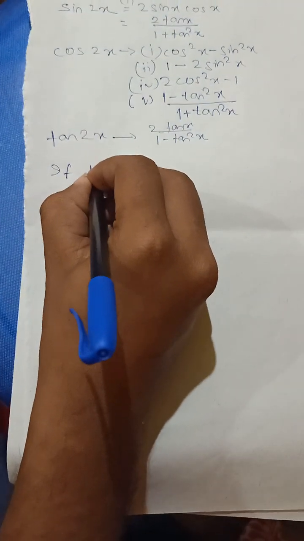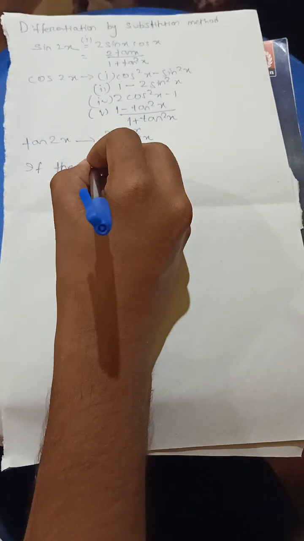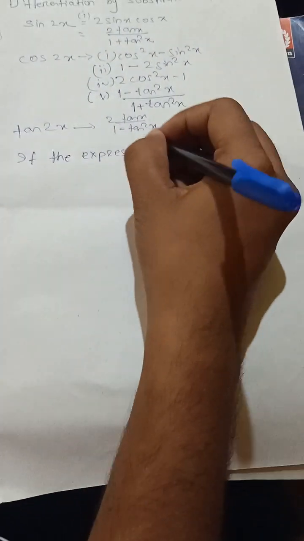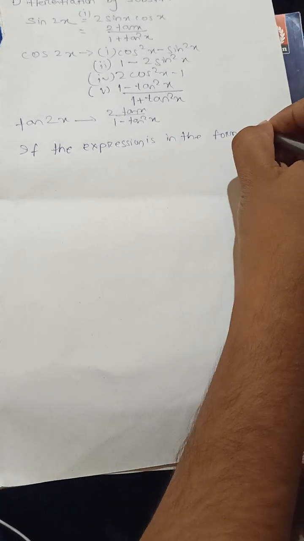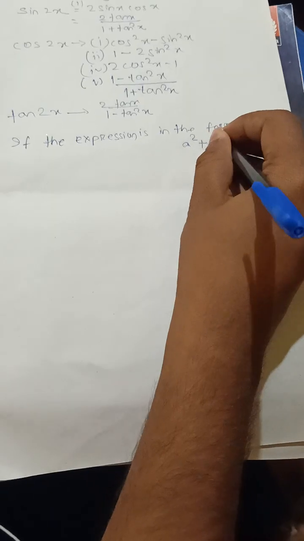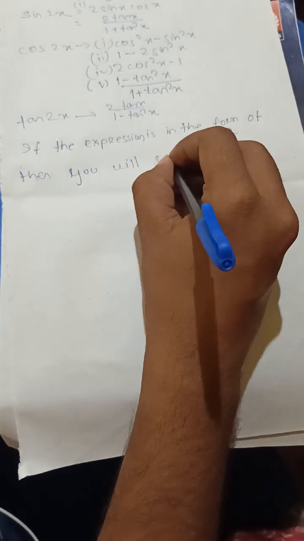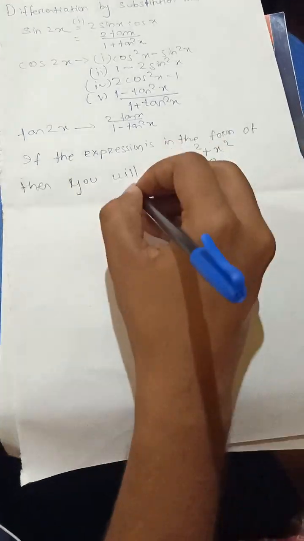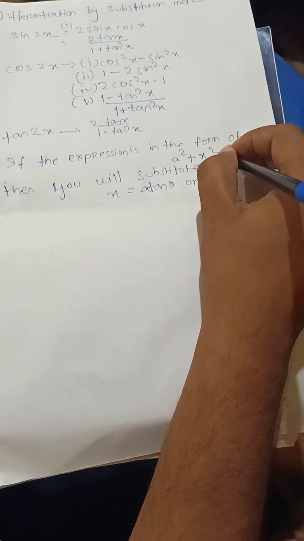If the expression is in the form of a square plus x square, then you will substitute x equals a tan theta or a cot theta. Okay.